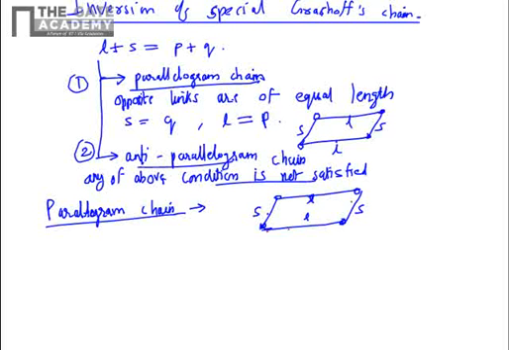In this case, even if you fix any of the links, if you fix this link, you will get complete rotation of the shortest link and complete rotation of the link opposite the shortest link. Likewise, if you fix the shortest link, you will get complete rotation of the longest link and complete rotation of the link opposite the longest link. So complete rotation.